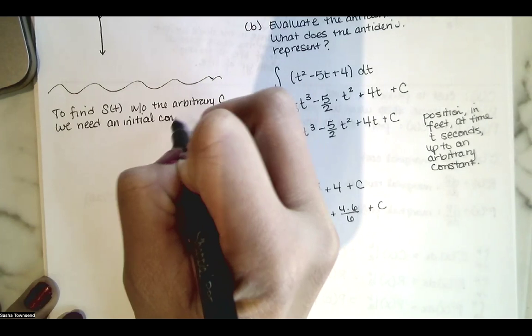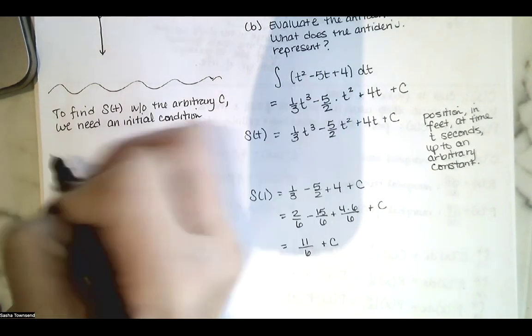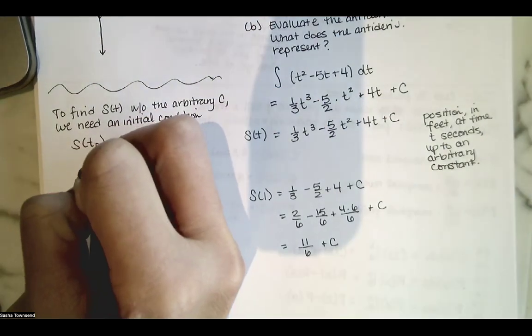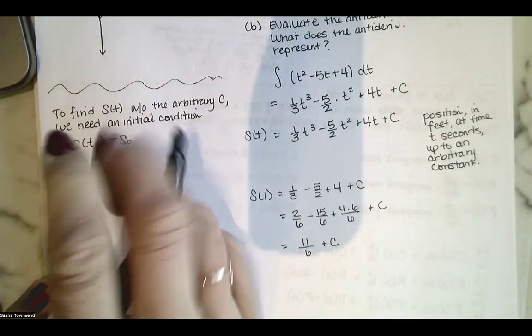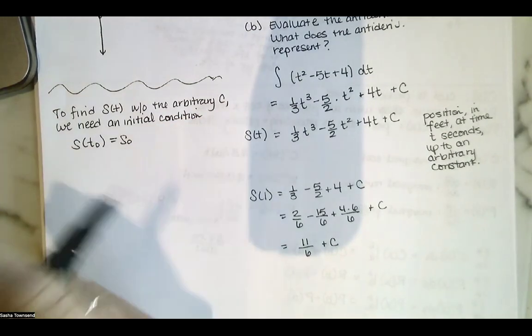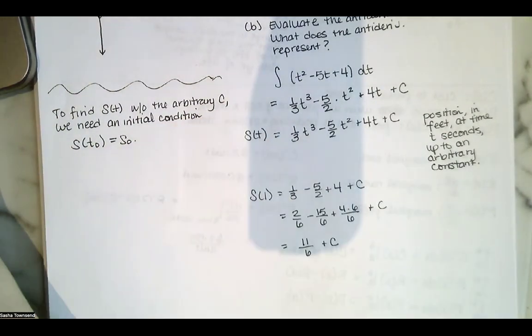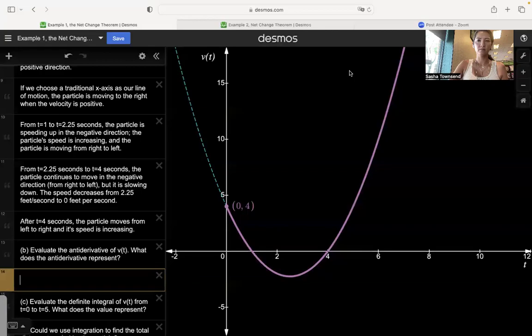So we need more information. S of some particular value equals S naught, and that would be given to us. Let's look at another example on Desmos.